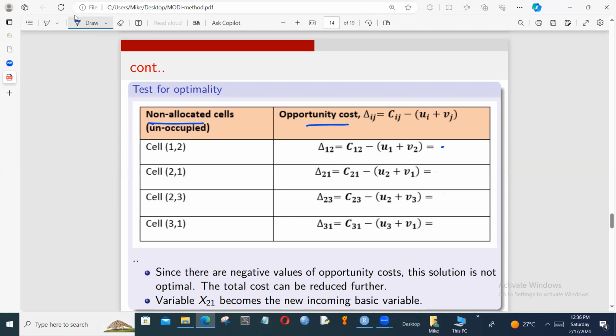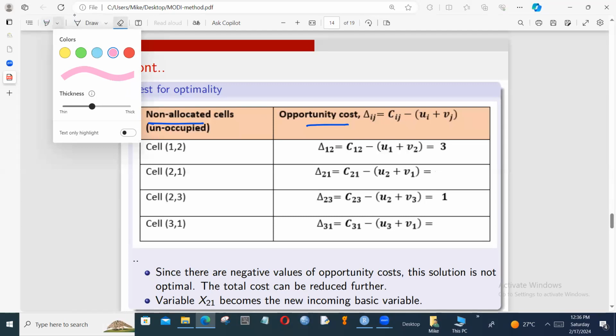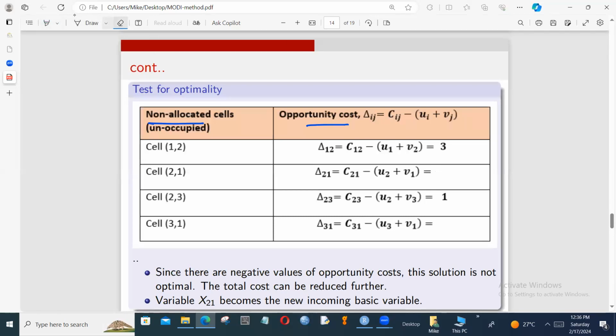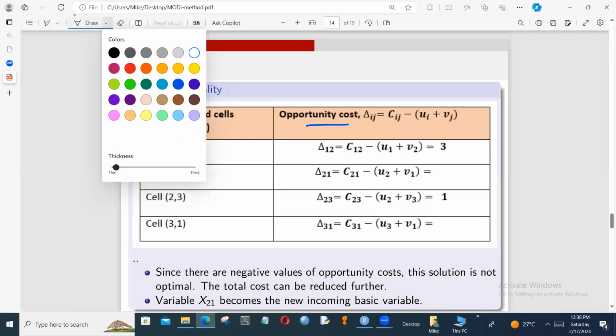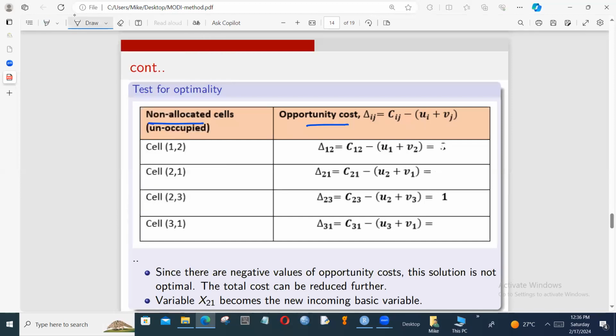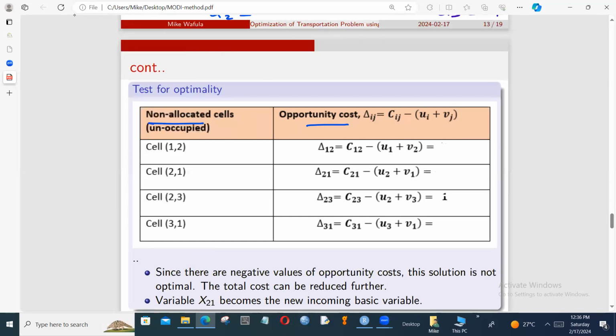So we want to calculate these figures and see what they give us. I had given you the formula for calculating these figures: Cij minus the sum of those corresponding dual variables.